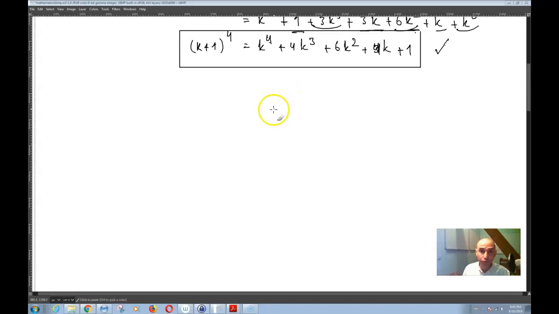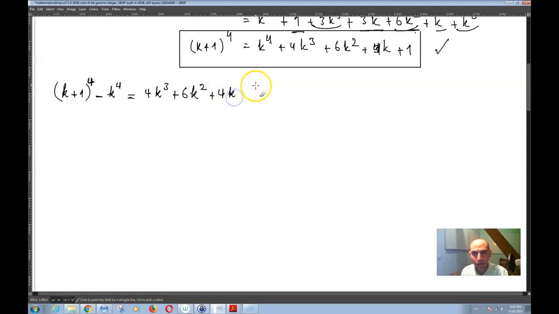I want to write this identity as K plus 1 raised to the power 4, and bring this to the other side of the equation.